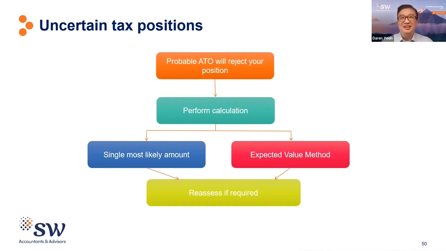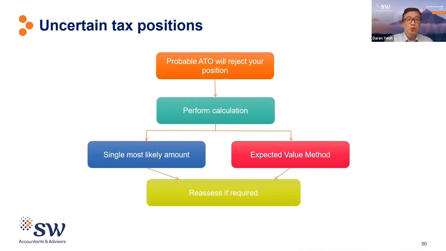If there is uncertainty, it's most likely I'll get a private binding ruling if required. But let's say you have recognized a position where you have assessed there's more than a 50% chance that the ATO would reject it. Then you need to calculate that uncertainty and recognize it into your financial statements.